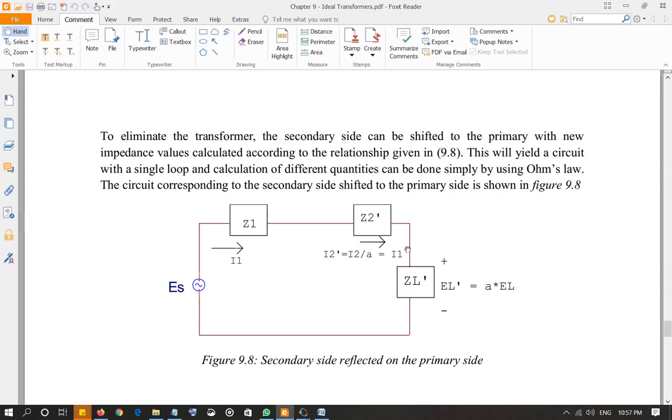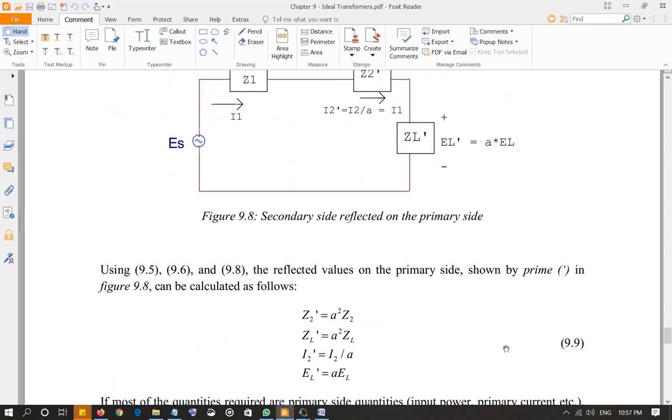If you're calculating the power across the load, you can use either the primary side or the secondary side. The power will be the same, as we have discussed. The power across the primary and secondary does not change. So make sure you use this method specifically when you do not know I1, I2, E1 and E2, any of these quantities.